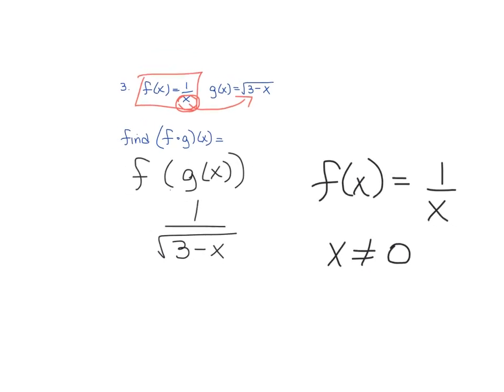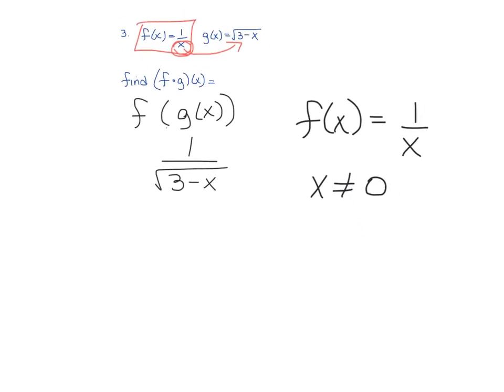So my domain for this one is going to be x is not equal to 0. In interval notation, negative infinity up to 0, union with 0 to infinity. So that would be the domain of the f of x function.